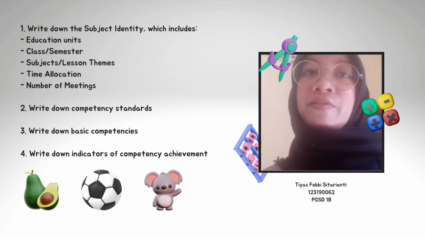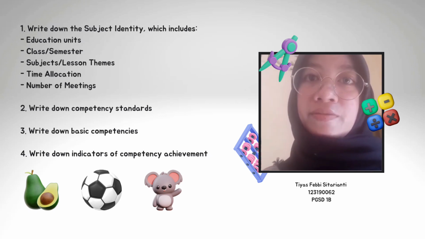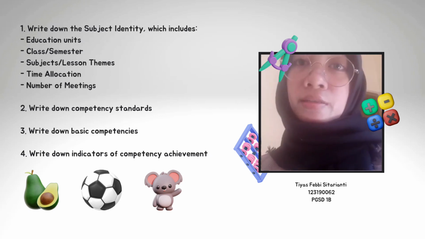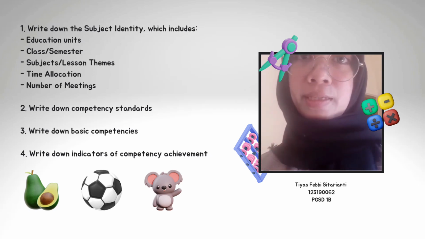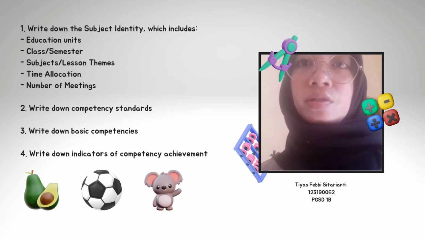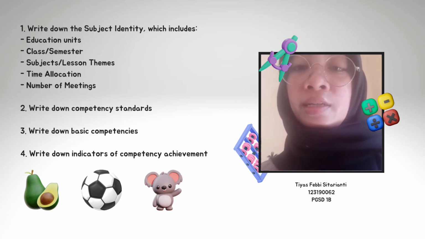Competency indicators are behaviors that can be measured and/or observed to show the achievement of certain basic competencies that become a reference for subject assessment. Indicators of competency achievement are formulated using operational verbs that can be observed and measured, which include knowledge, attitudes, and skills.